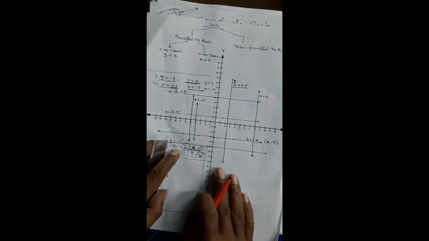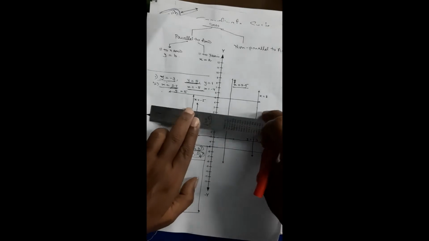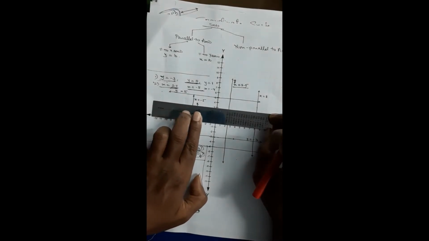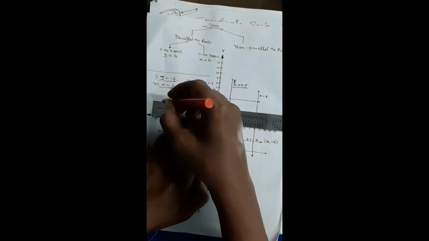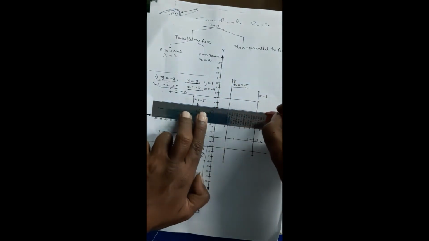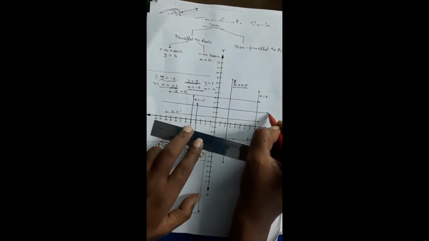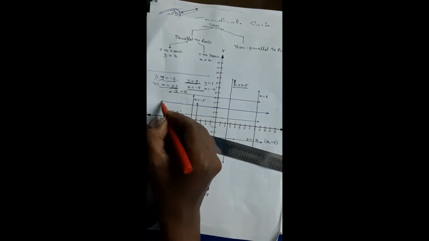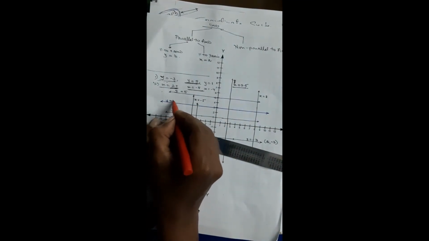Y is equal to 3 means it will run parallel to x-axis, through 3 of the y coordinate. This will be your line, y is equal to 3.